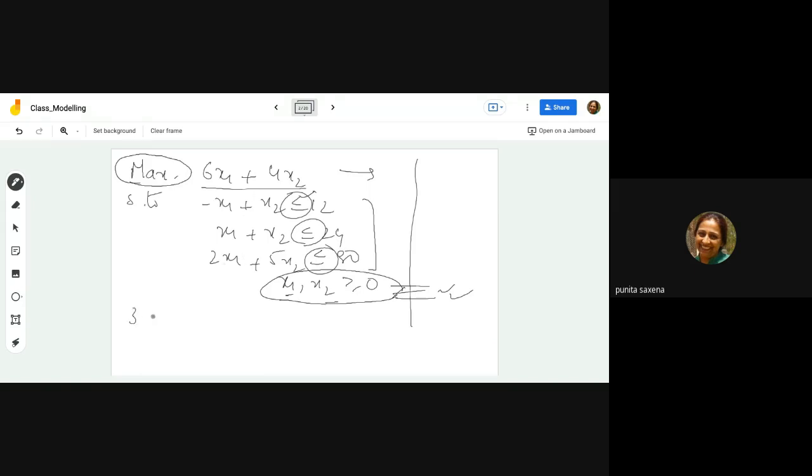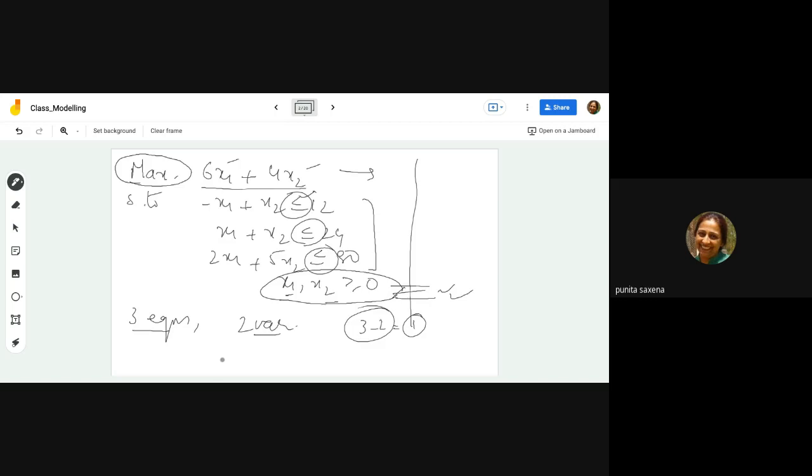You have three equations and two variables, so 3 minus 2, which is one variable, can be given an arbitrary value, and the others can be expressed in terms of that variable. But since these are inequalities, I'm not talking of that. We have two decision variables, and geometrically, what did I say in the last class?